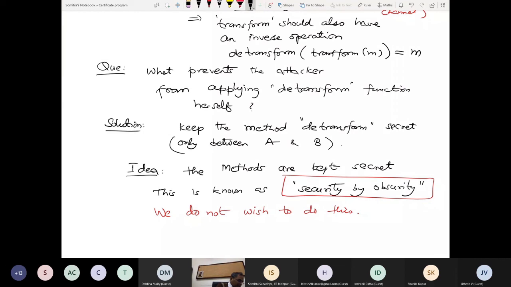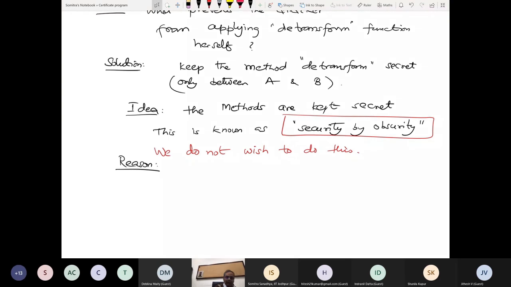And what is the reason for this? The reason is that we are working on the internet now. Keeping methods secret is very hard.